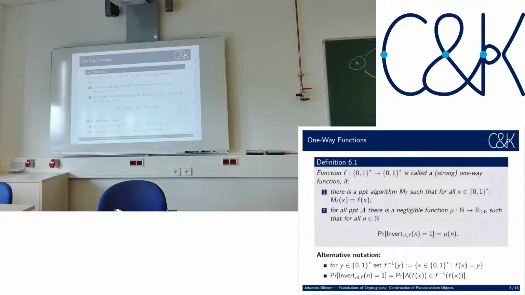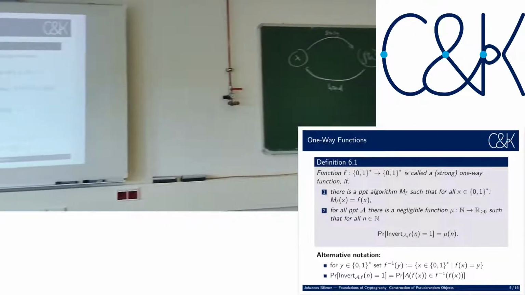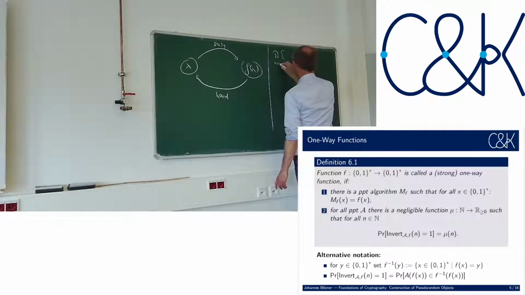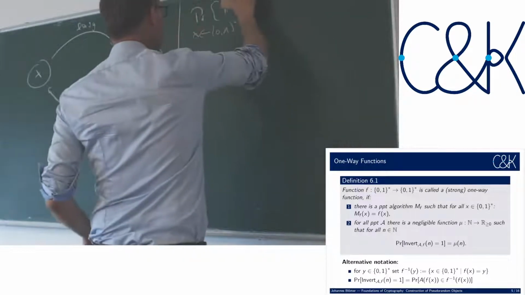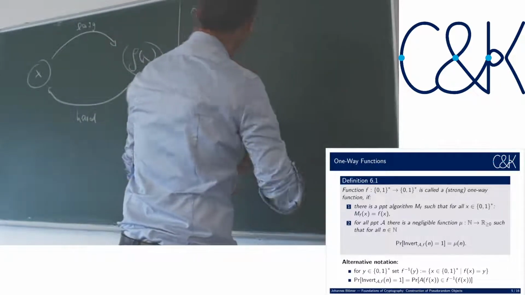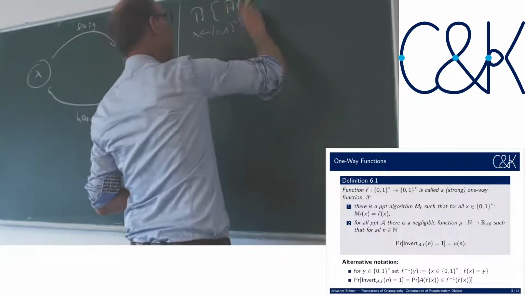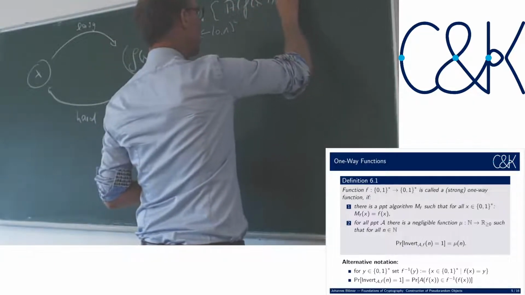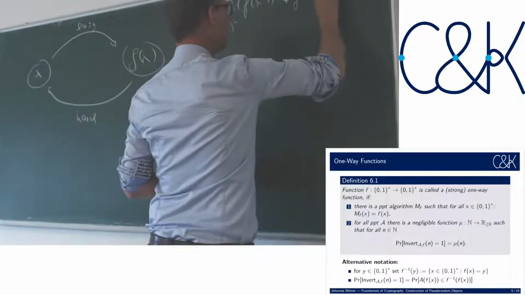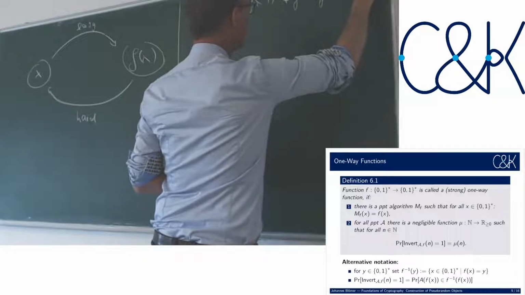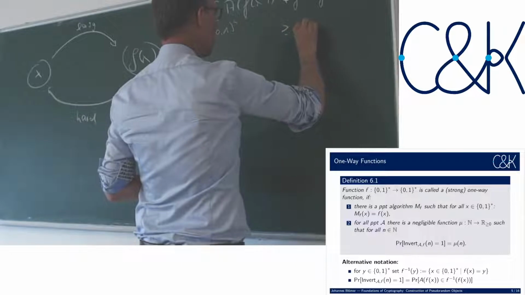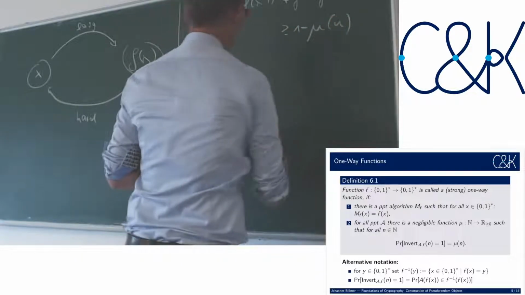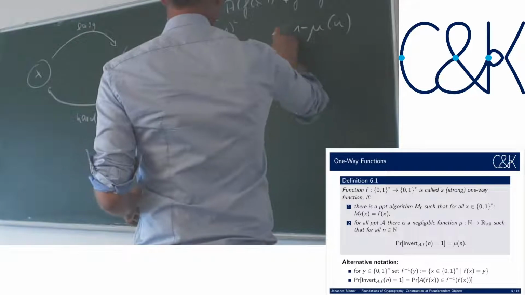The strong one-way function means that the probability, over x from {0,1}^n, let me write it with the other notation, that A of f of x is not in f^-1(f(x)) is larger than 1 minus mu of n, or it's 1 minus mu of n.